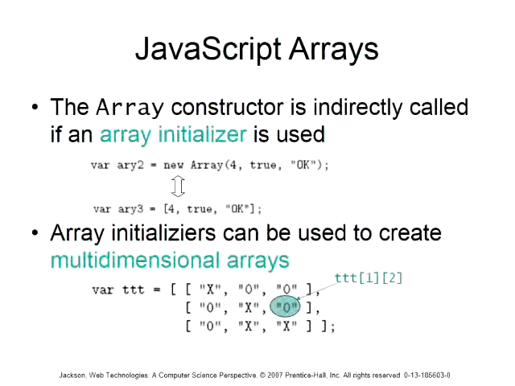So we can write var array2 equal new Array(4, true, "okay"). This is the first manner, and the second manner is to write an array [4, true, "okay"] without new Array.